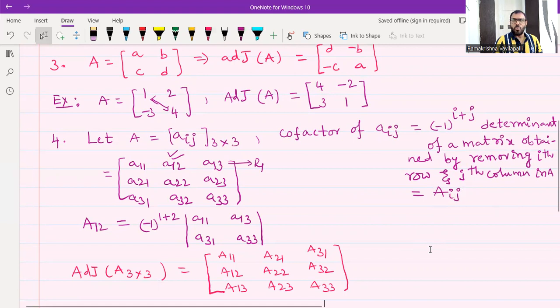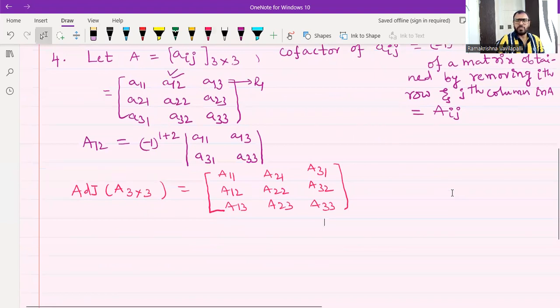Now, what is A into adjoint of A? That will play a vital role in finding the determinant of adjoint of A. I'll explain by taking a 2 by 2 matrix.